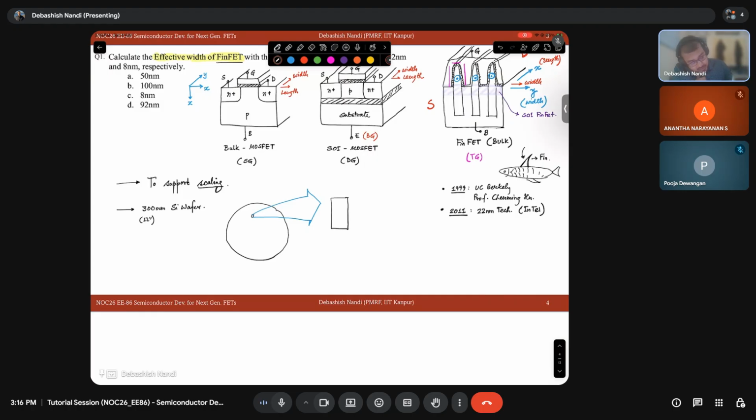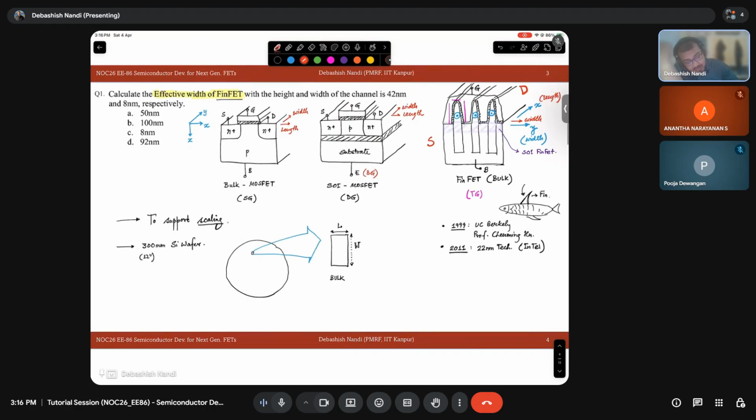So let's say this is how your bulk MOSFET diagram will look. This is your W of the channel and this is your length of the channel, right? This is where I am looking from. I am looking from the top.